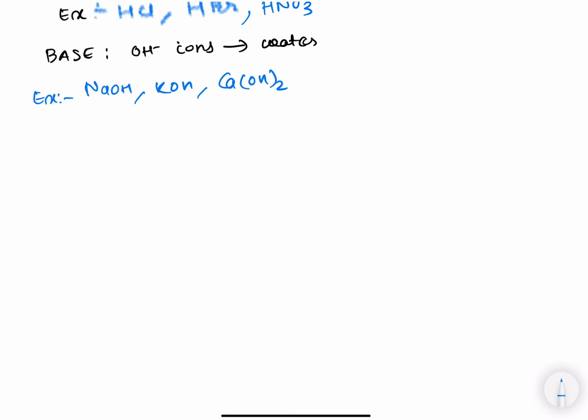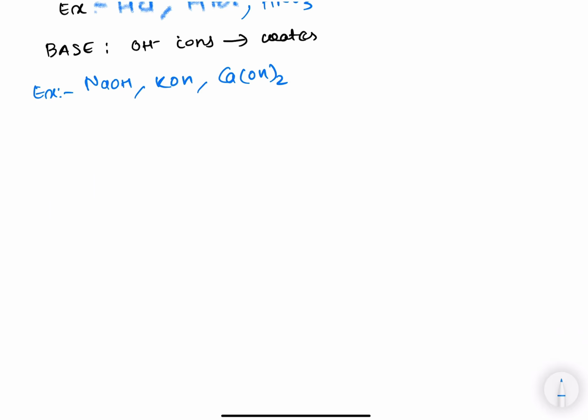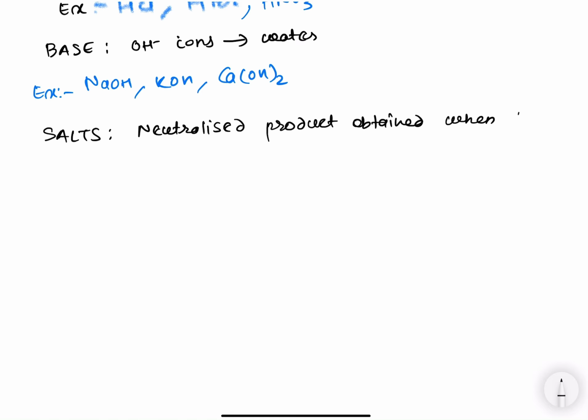And what is salt? So salts are basically the neutralized product obtained when acid and bases are reacted. Okay, so always remember, when acid and bases are reacted, salts are formed.